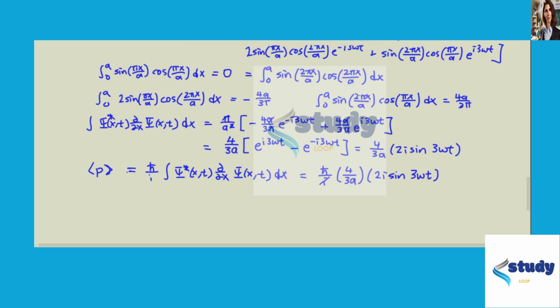The i cancels and you get 8 h bar over 3a sine 3 omega t. So this is the expectation value of the momentum. Just want to highlight, you can use Wolfram Alpha here.